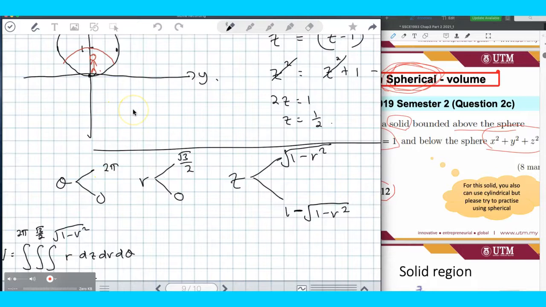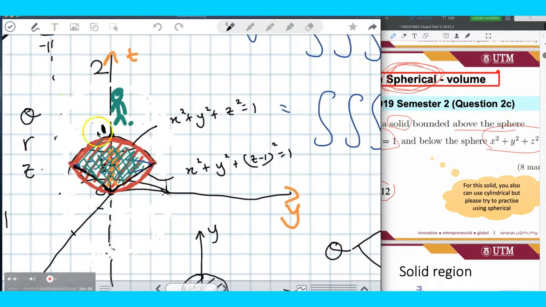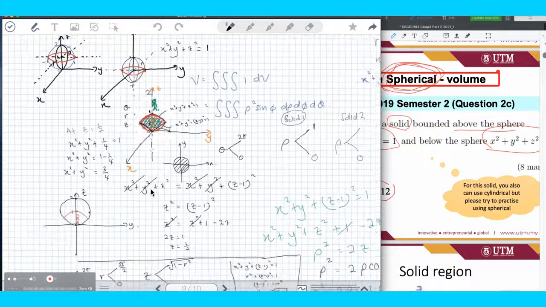How about z? For z, you have to be careful. You yourself are lying inside this solid, and you can see that your lower bound is from the shifted sphere, while your upper bound is from this particular sphere. Then you can write down your z.